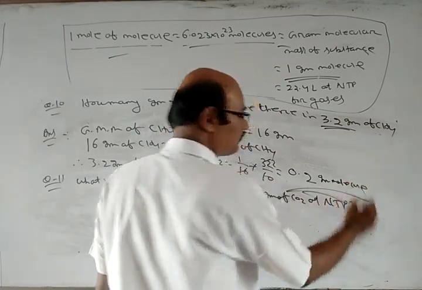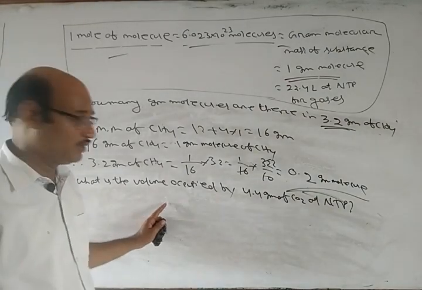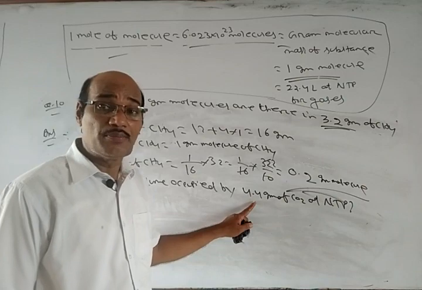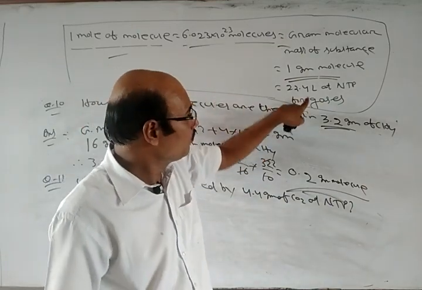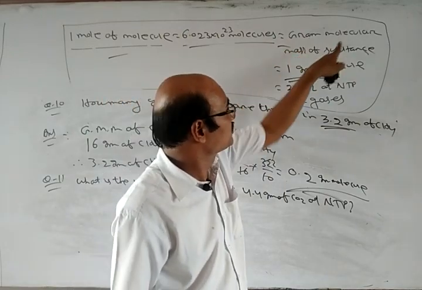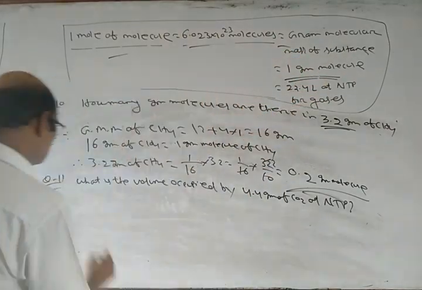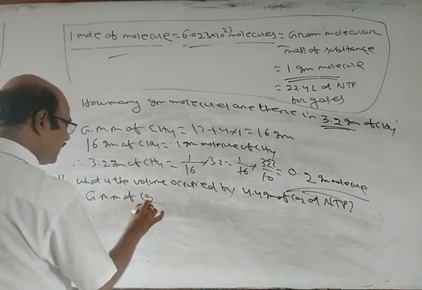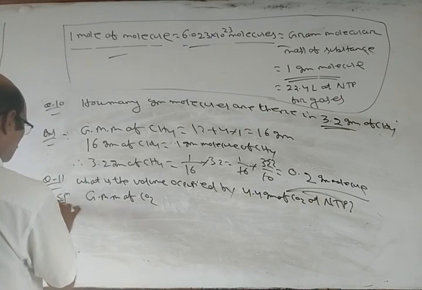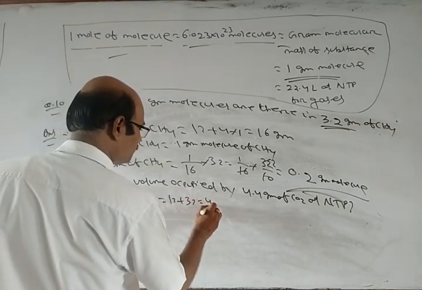So here you see, at NTP, mass is given and volume is asked. If you relate the mass to volume, gram molecular mass is equal to 22.4 liter at NTP. So the gram molecular mass of carbon dioxide equals 12 plus 32, which equals 44 gram.